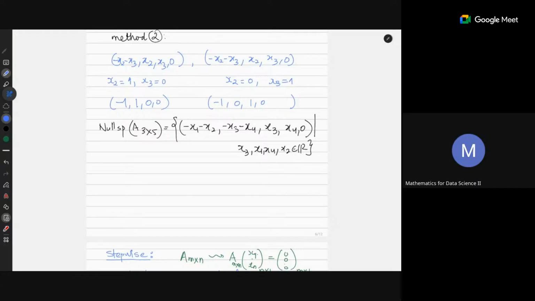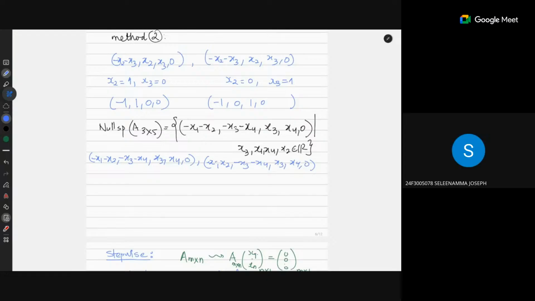Let's write it down 4 times: minus x1, minus x2, minus x3, minus x4, x3, x4, 0. That's the first time. Second time also. So how do we know that there are 4 independent variables here? Can anyone explain that?